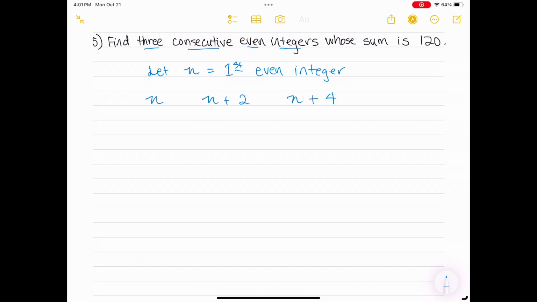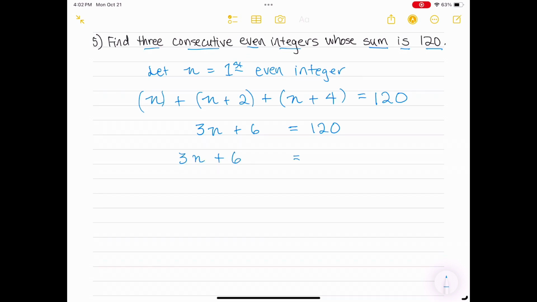And in this case, we want the sum of these even integers, and so we will add each of them together, and the sum equals 120. And we solve this problem by gathering like terms. So we have 3 n's to be added together, which gives us 3n, plus 2 plus 4, which equals 6 on the left-hand side, equals 120 on the right-hand side.